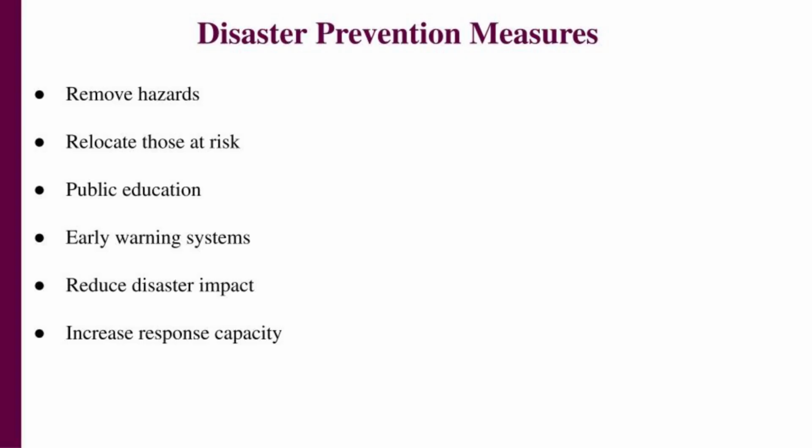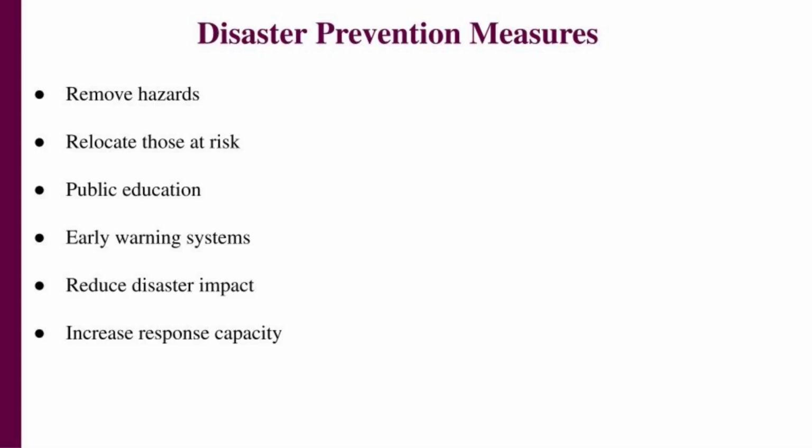This brings us to the various disaster prevention measures available. These measures are often categorized. Avoidance, of course, is the ideal, such as restricting development in known floodplains. Where avoidance isn't possible, we use structural methods, like building reinforced seawalls or upgrading bridges.